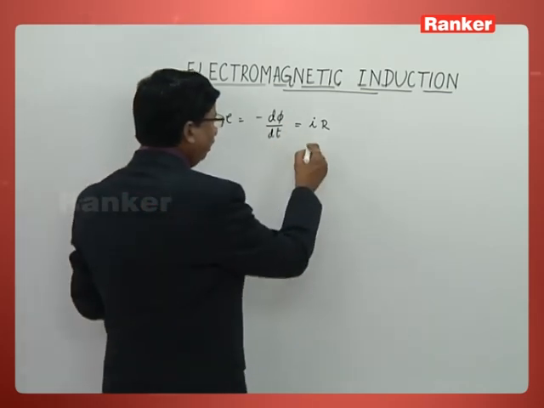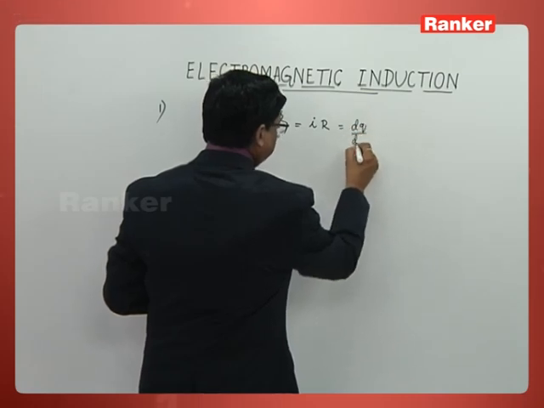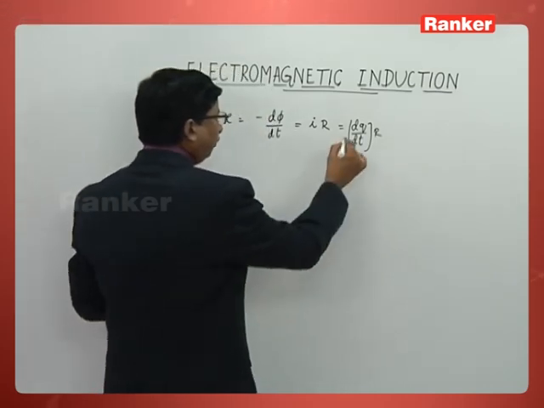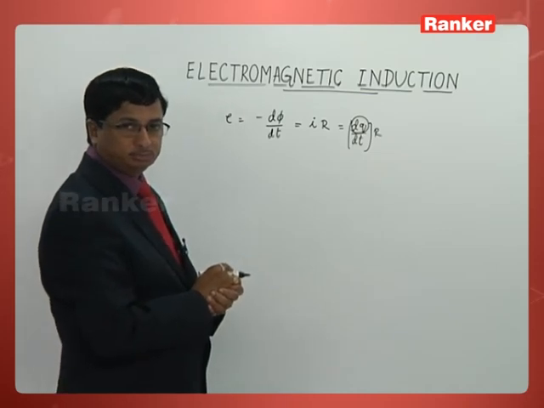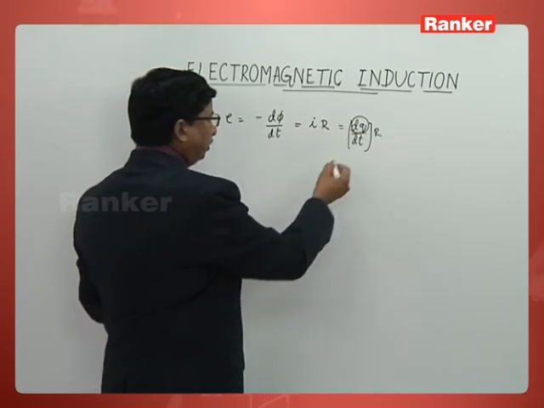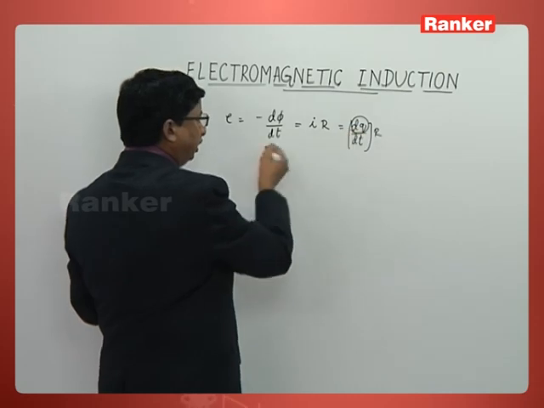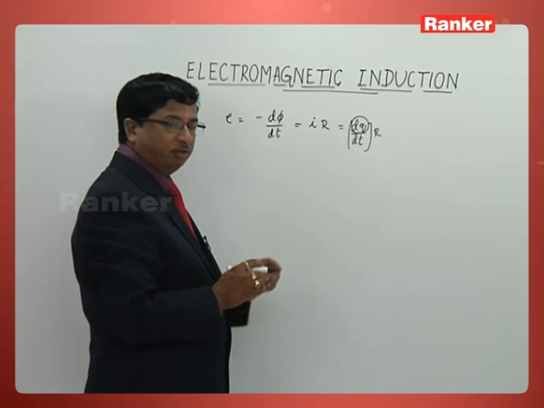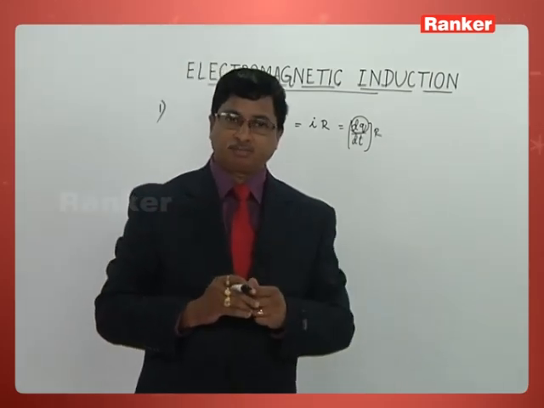This I can again be rewritten as dq by dt into R. Out of that, what is the value of charge he is asking for? One thing you should understand: directly, the charge Q can be calculated as phi by R. But observe this wording carefully, it is d phi, that is, the change in magnetic flux.